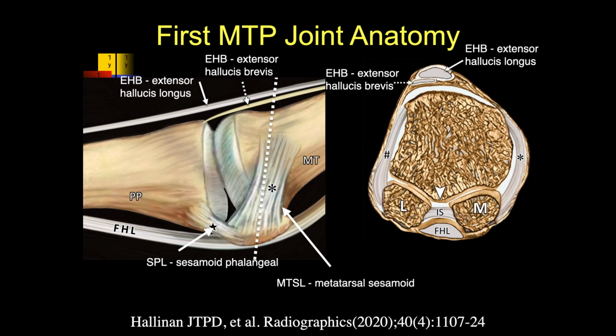If you look in the coronal plane, which we often look at, dorsally here you can see the extensor hallucis brevis, which is extension of the extensor hallucis longus. Here's the brevis here. This is the longus up there. Here we can see the collateral ligaments on either side, which are the metatarsal sesamoidal ligaments. Then the intersesamoidal ligament here, the flexor hallucis longus tendon coming down here between the two sesamoid bones, and then there's the lateral and medial sesamoid bones.